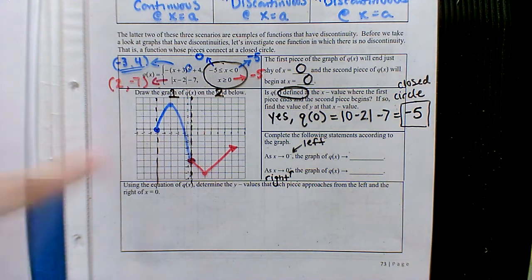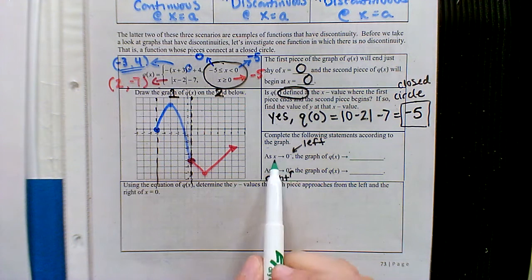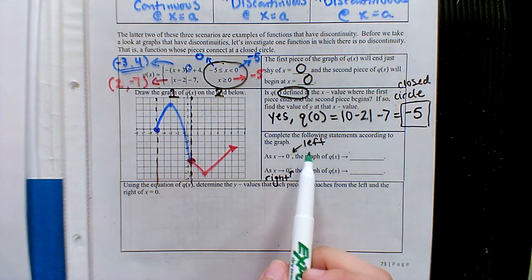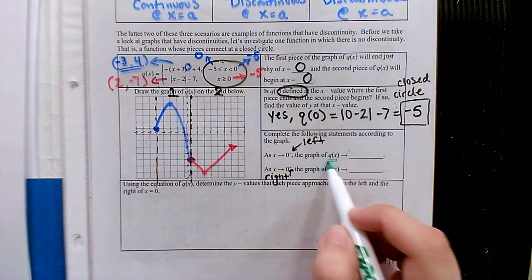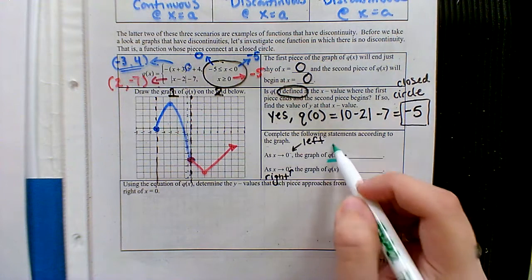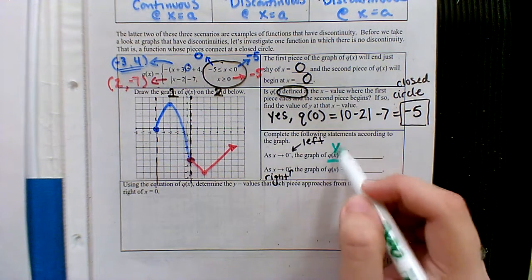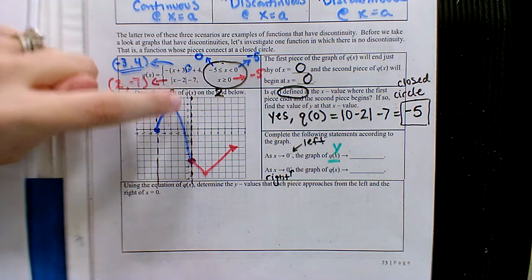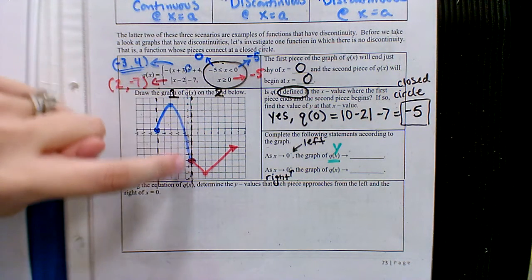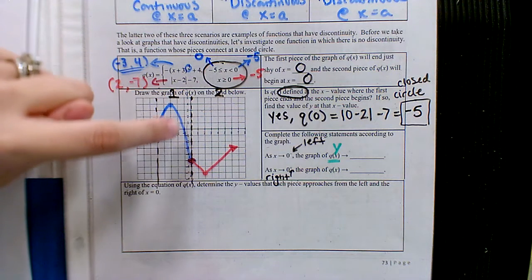So what we're going to do is take a look at this graph, because we have a picture of it, and if we were to trace the graph on the left-hand side of 0, we want to figure out what is the graph approaching, meaning what is the y value that the graph is approaching. So here's that x location of 0, where one graph began and the other one ended.